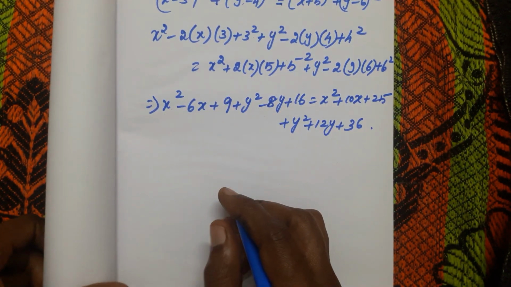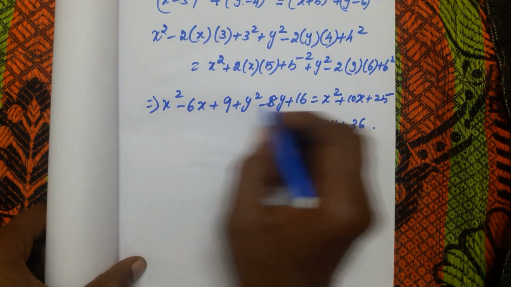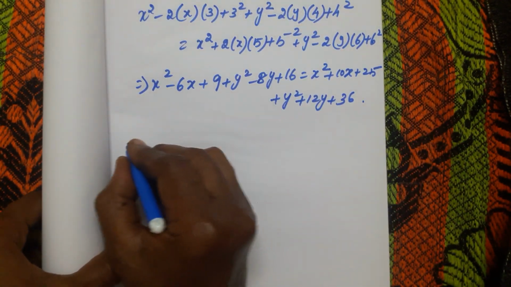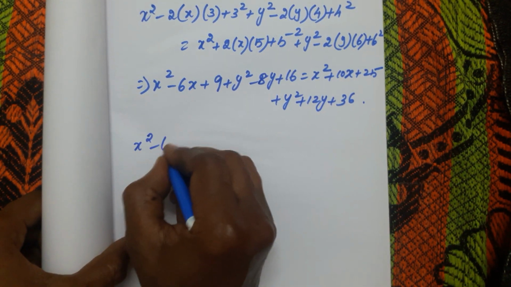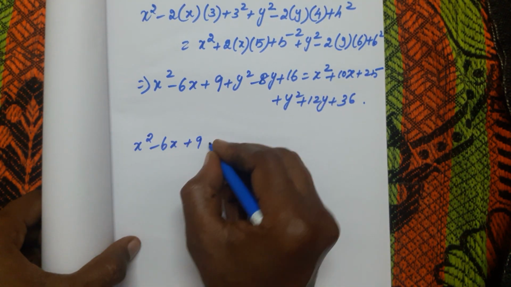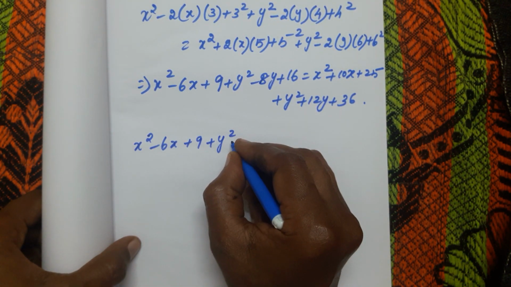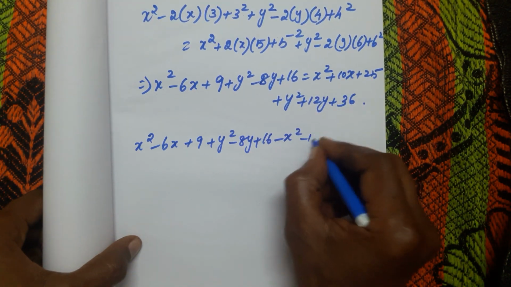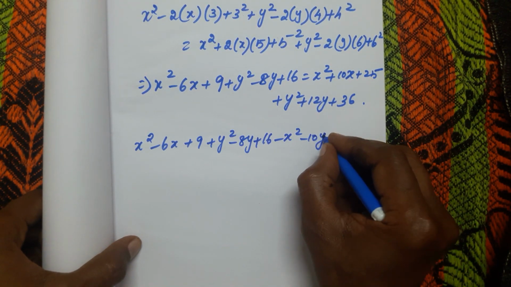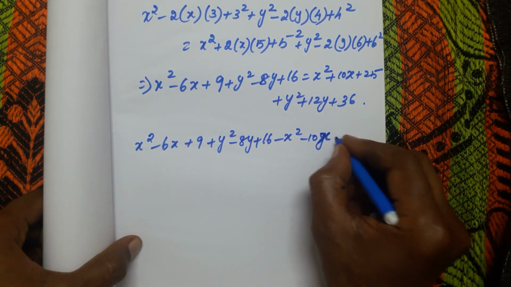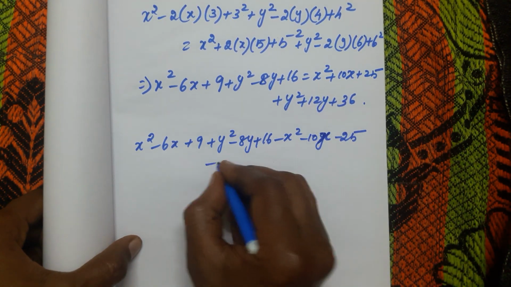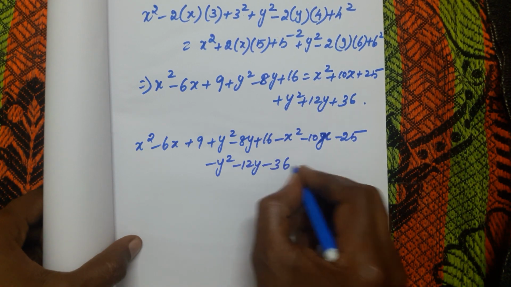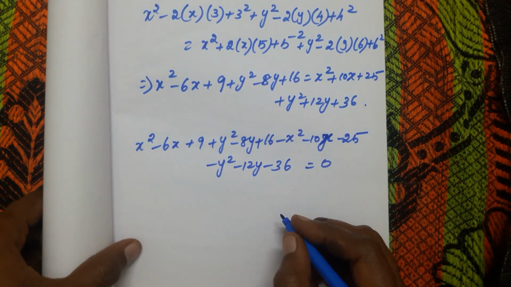Now I am taking everything to the same side. What will we get? x square minus 6x plus 9 plus y square minus 8y plus 16 minus x square minus 10x minus 25 minus y square plus 12y minus 36 is equal to 0.